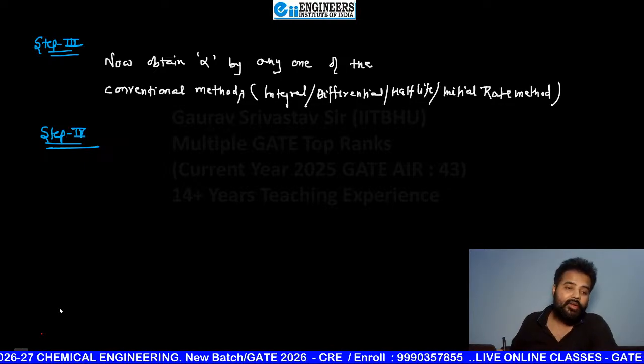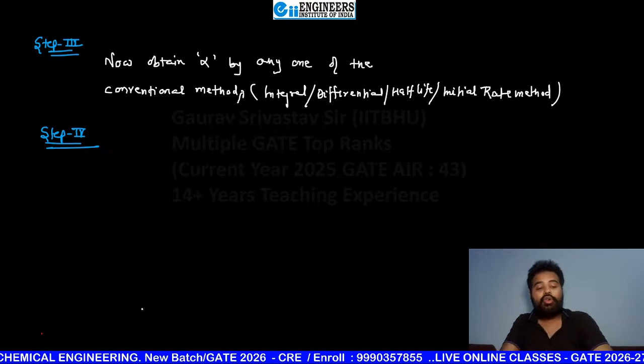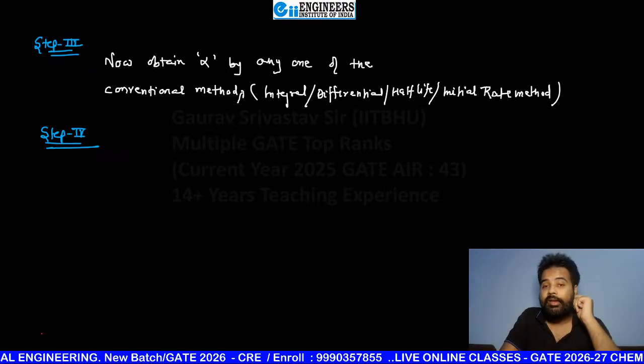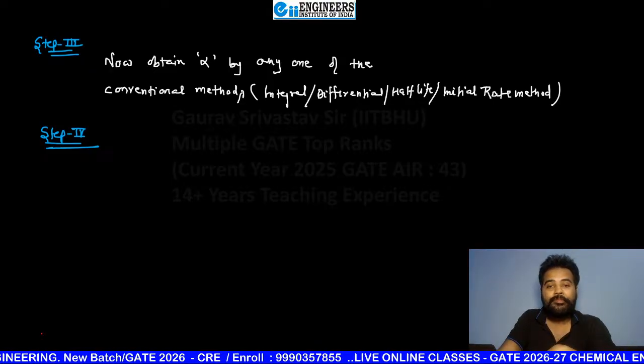Now still your work is not completed, because just you got the value of alpha and you want the value of beta and gamma as well, just like alpha.